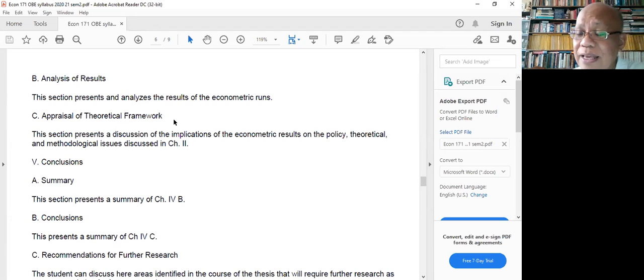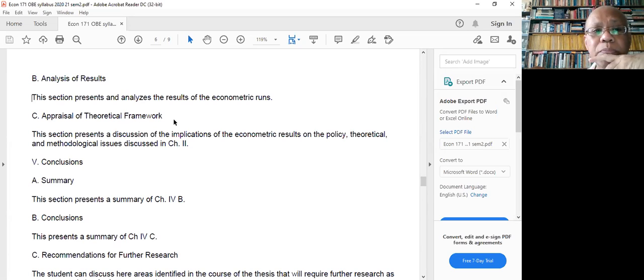If it's panel data, you have to present a combination of your descriptive statistics, mean, mode, variance, and growth rates, trends, and the like. So that's the first part.